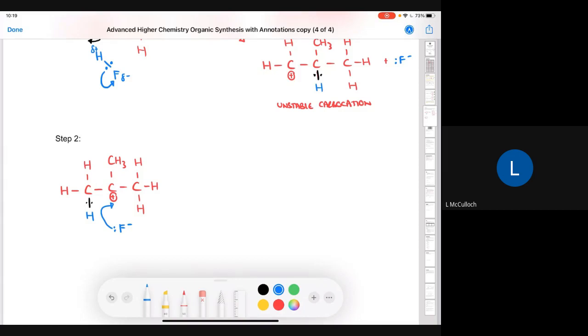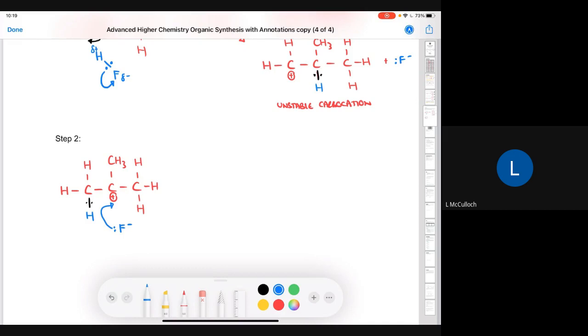Now, do notice where I have started that reaction arrow. I've started it on the lone pair, and look at where it's finishing. I'm not actually pointing the arrow to the carbon. I'm not even pointing the arrow to the positive charge. I'm pointing the arrow to where the bond is going to go, which is where the electrons are going to be.